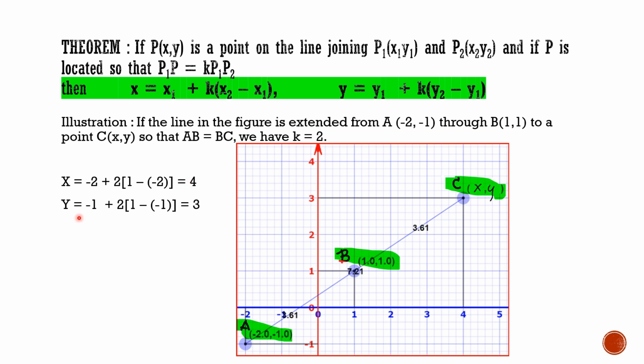And y is equal to negative 1 plus 2, which is the k, times 1 minus negative 1, which is equal to 3. Take note, either way you experiment, it comes out the same. I hope you get the gist of what I'm saying.